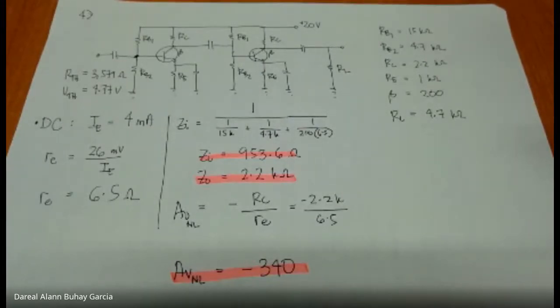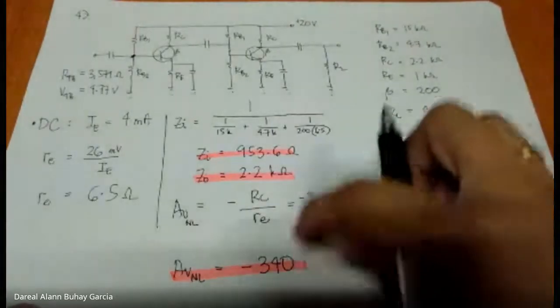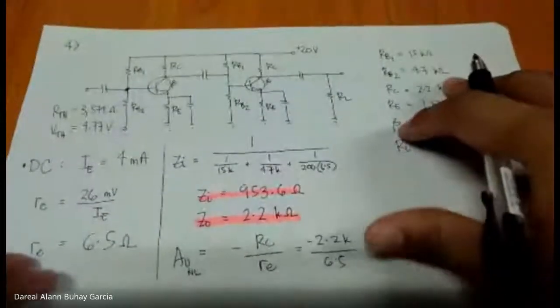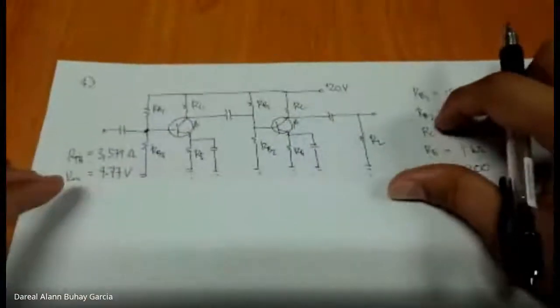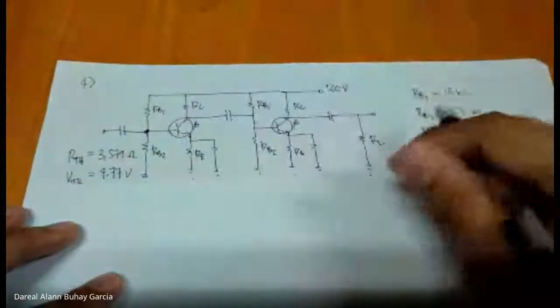Yes, BB is 0.7 yapon. Sige, no? So, if mo na itong mga values, pwede din na ito ni ma-simplify kaning atong circuit.